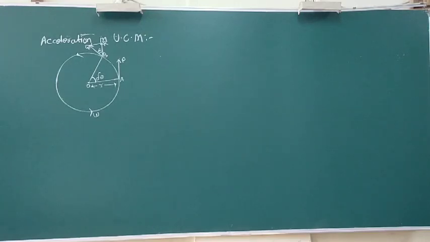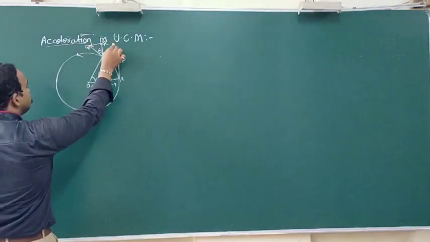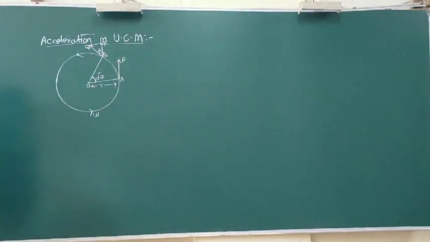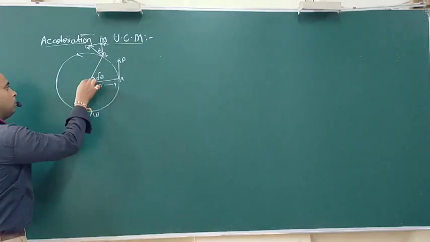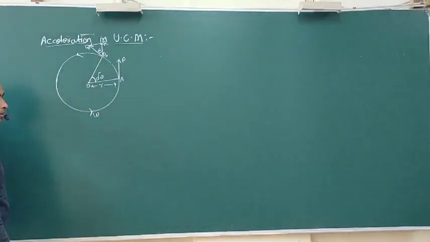Okay. Next point is acceleration in uniform circular motion. Now see here, observe this diagram. Let O be the center of the circle.